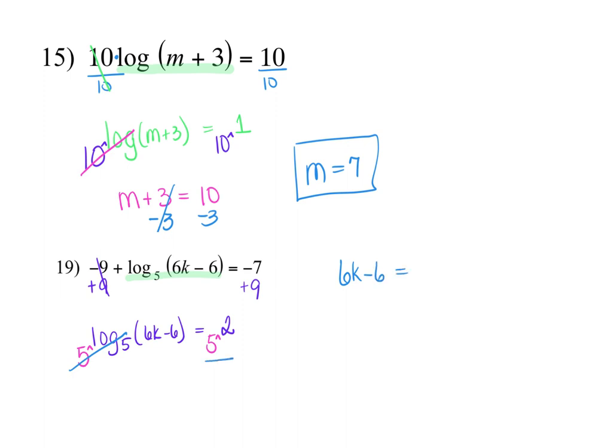On the right-hand side, I have 5 to the second power. What is 5 squared? 25. Yep. And now I have a really simple equation to solve here. So I'm going to add 6 to both sides. 6k equals 31. And then I'm going to divide both sides by 6.